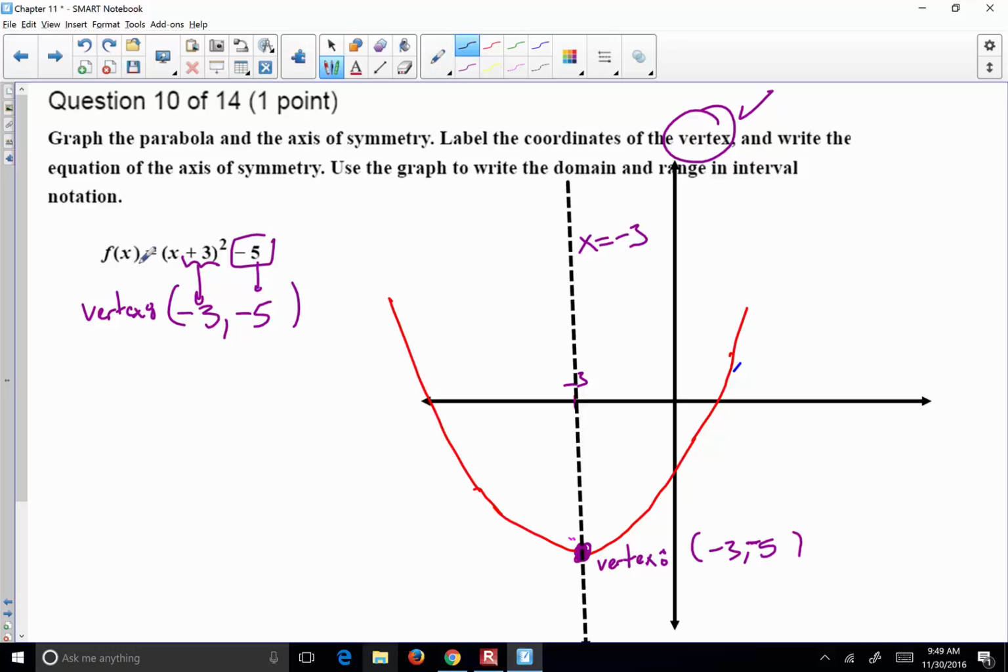But could you write this directly from the equation without seeing the picture? Yes, it's always the opposite of this number, or the first coordinate of the vertex. What I'm telling you is you don't need the picture to harvest this information. You can get all this information from the equation too, not the picture necessarily. Okay? We graphed, found the vertex, and wrote the equation of the axis of symmetry.